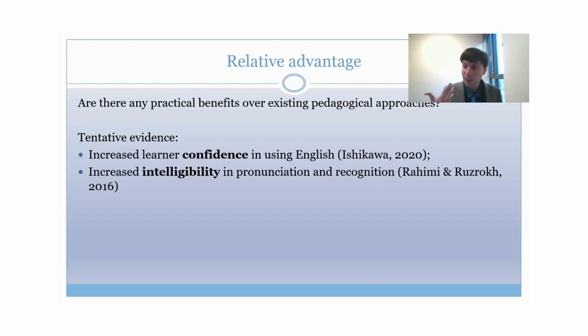For example, learners have been found to be more confident in using the language, and they also seem to perform better in terms of intelligibility compared to learners who have only been exposed to the traditional approach.